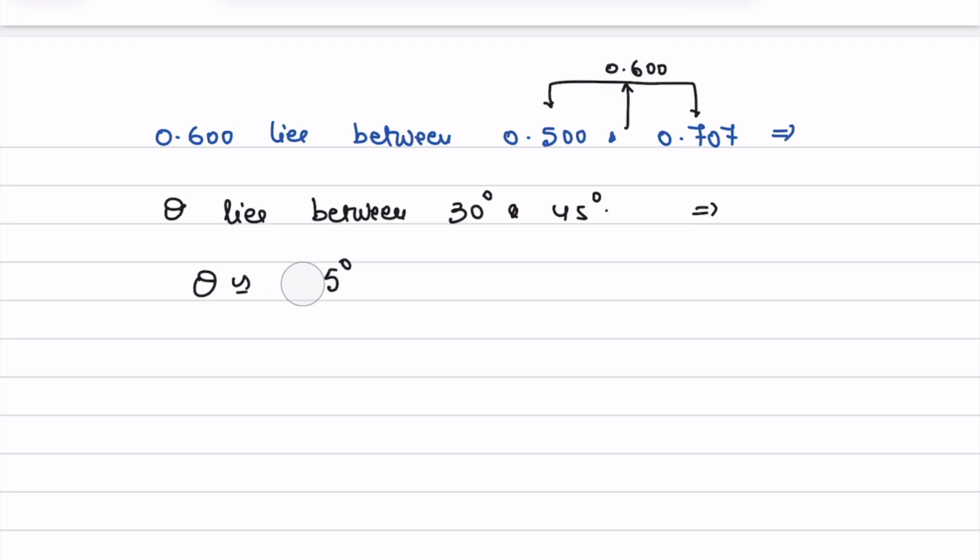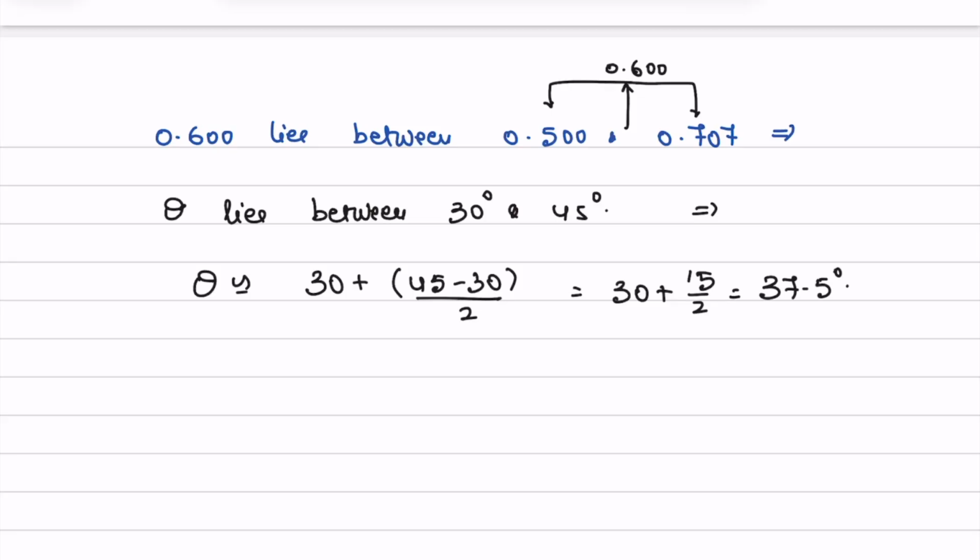We are only making the approximation because we don't have a calculator. This 15, how have we got it? 45 minus 30, that is the difference. Half of the difference, that is equal to 30 plus 15 by 2, that is equal to 37.5 degrees.